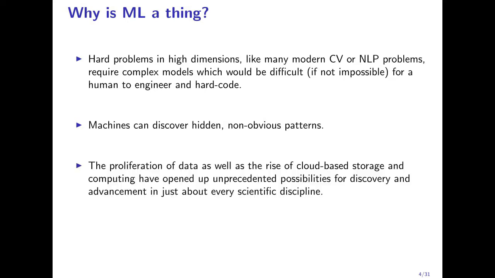And then, of course, as we all know, data is everywhere, and there's so much of it all over, and of course also with the cloud, it's very cheap now to store data and to perform computations, so now is a very good time for all scientific disciplines to start using machine learning.